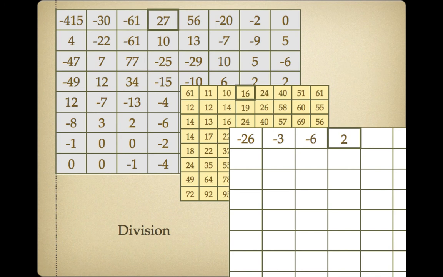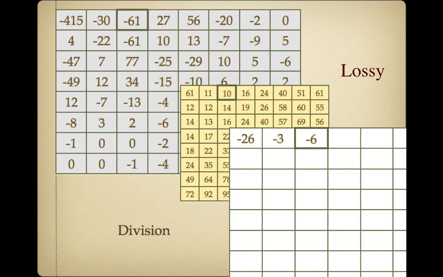Now this part of the process is lossy, because if I take that 2 and multiply it back again by 16, I'll get 32, will I not? It's not 27. So this part of the process isn't reversible.